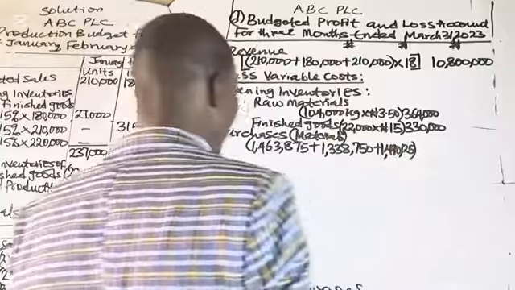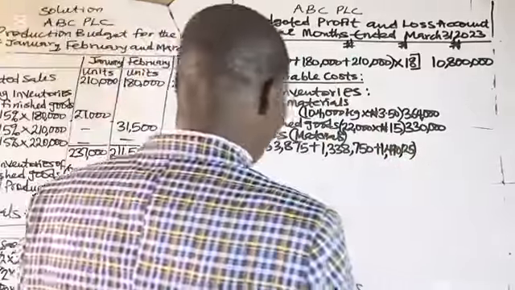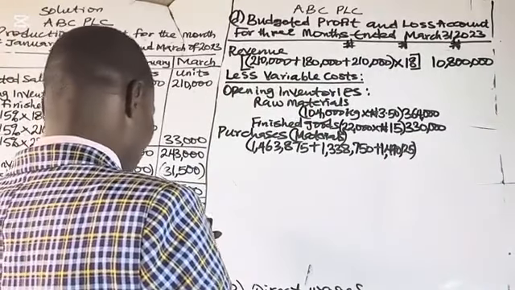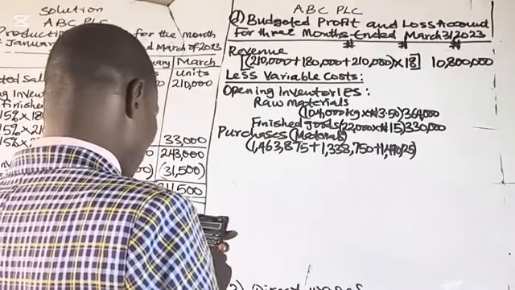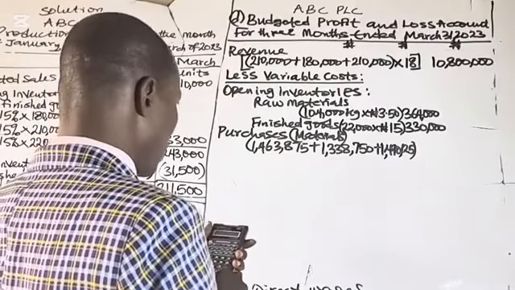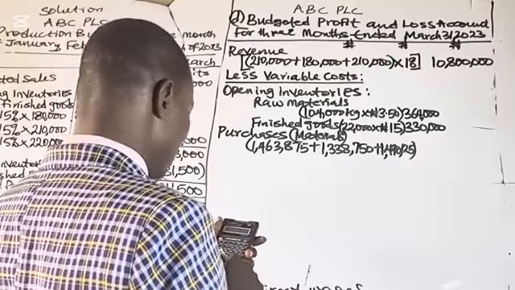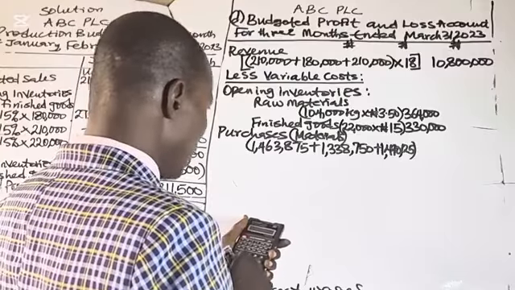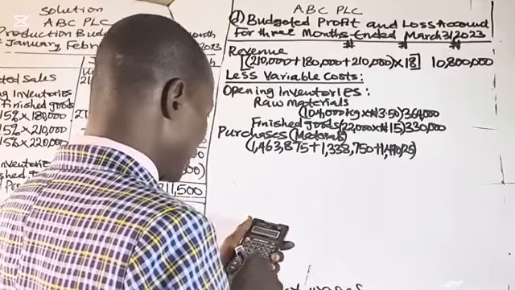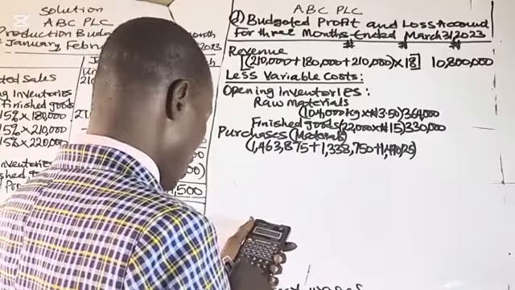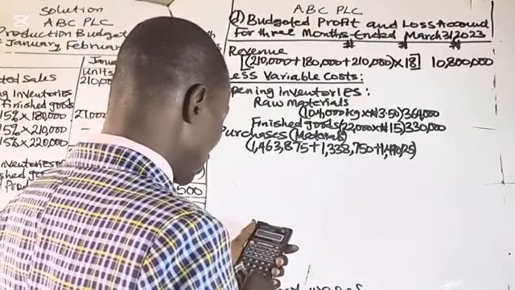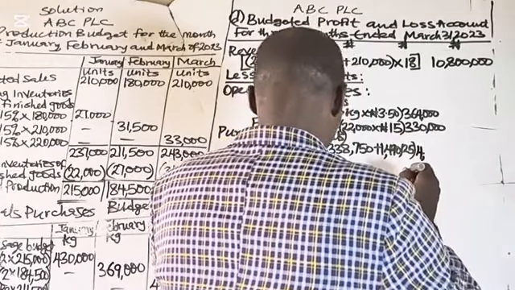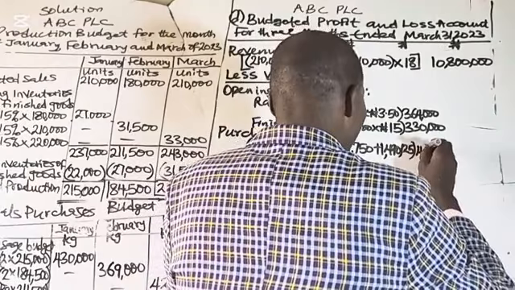So the sum of these will be the budgeted material purchase in the period: 1,463,875 plus 1,338,750 plus 1,490,125, and that gives us 4,292,750.